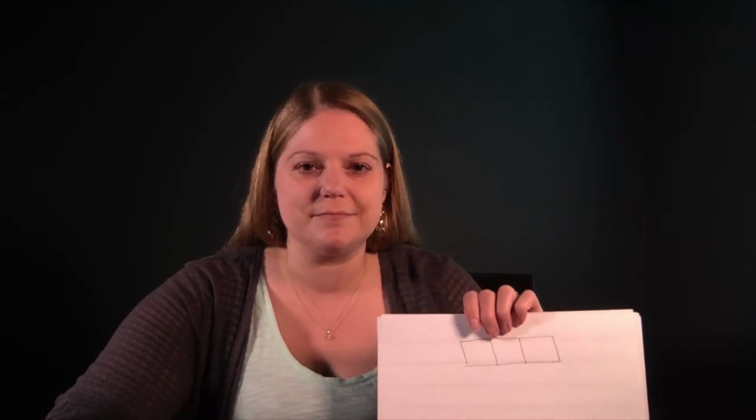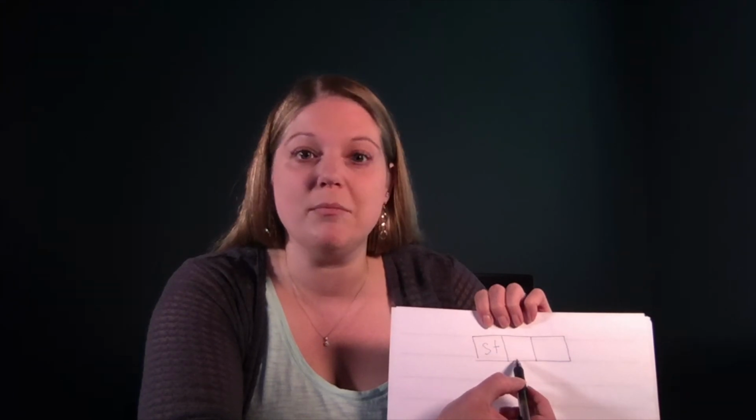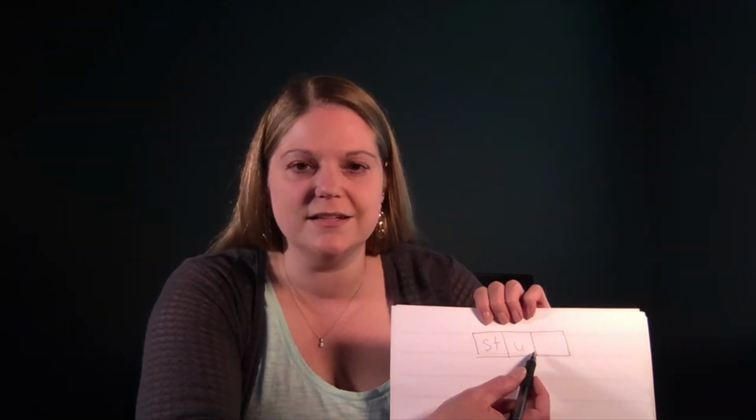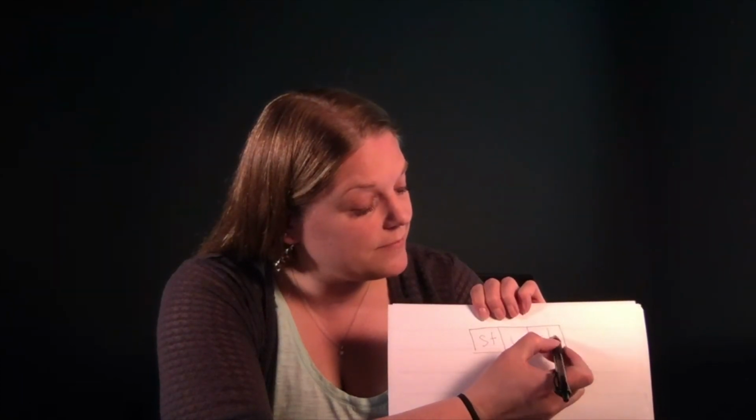St. Yes, S, T, like star, st. So st, what vowel says st, like umbrella? Yes. U, st, k. What do we hear at the end? K. It could be a C or a K. In this case, it's actually both of them together. C, K. St, stuck.